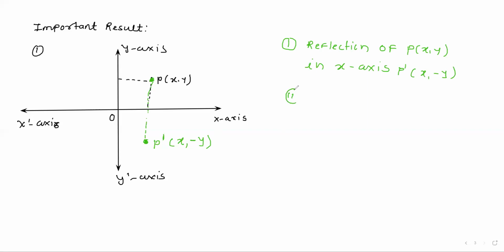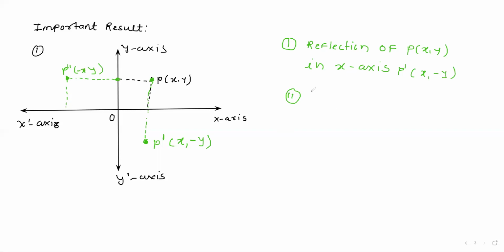Similarly, the second important result is if the same point P is reflected along y axis. If I reflect this along y axis, this point will come somewhere here. Let's denote it as P double dash. In this case, you can observe that coordinate y is going to be the same, the coordinate x is changing, so it becomes negative.